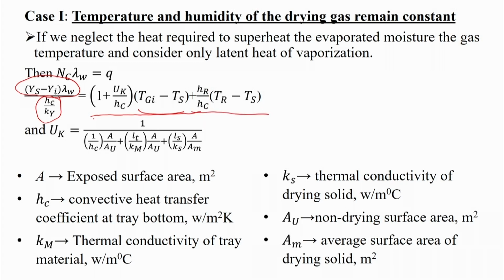For Uk, we take the average surface area and the non-drying surface area, where Hc is the convective heat transfer coefficient at the tray bottom, Km is the thermal conductivity of the tray material, and Ks is the thermal conductivity of the drying solid.